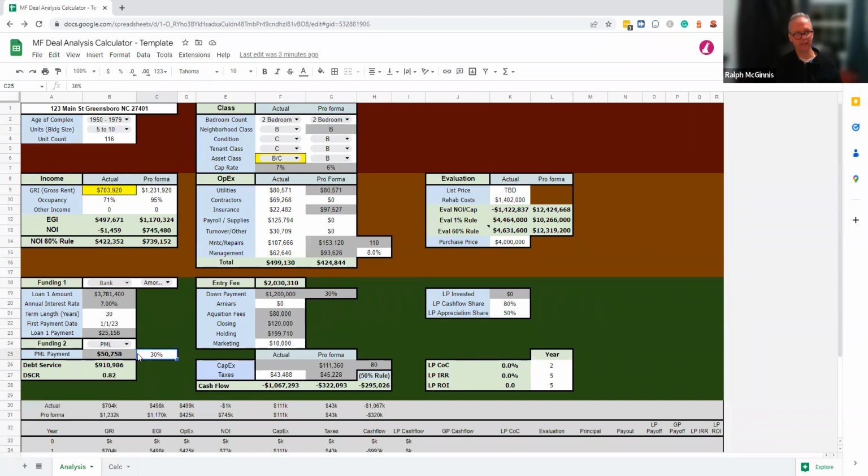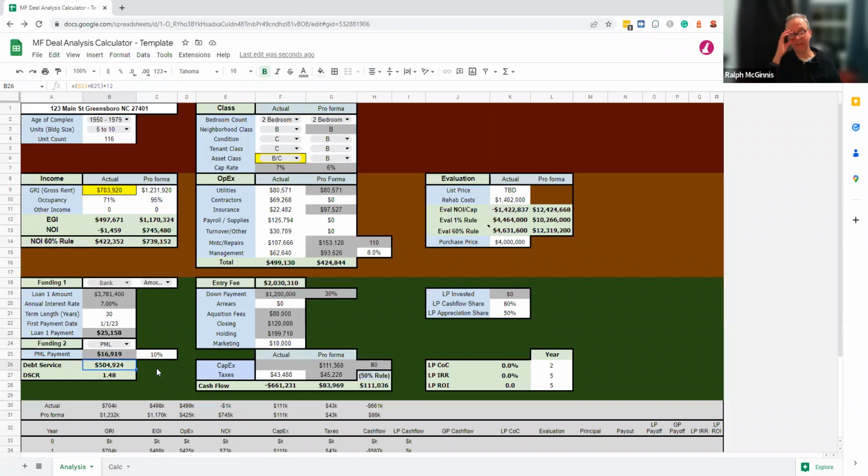I was adjusting this improperly. This is the percent of the money lender. So that's 10%. If the private money lender lends at 10% and you need another 16,000 for the private money payment, then the overall debt service is going to be a combination of the two payments. So you have this payment here from your first lender and this payment here from your second lender. You add them up, multiply by 12, and you get your entire debt service.